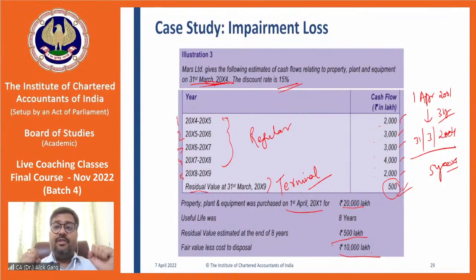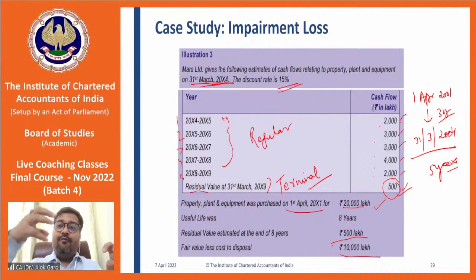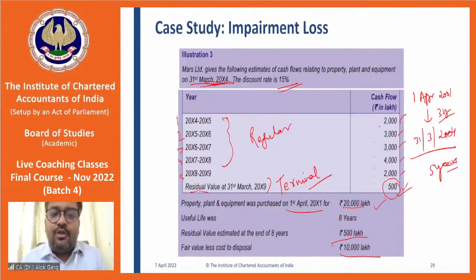The cost of acquisition of 20,000 lakhs is given on 1st April 2001. If the cost is there, we can arrive at a carrying value on 31st March 2004. So for calculating an impairment loss, we need two pieces of information. One is the carrying value, the second is the recoverable value. As far as recoverable value is concerned, the fair value less cost to sell is given, and the data relating to value in use is given.